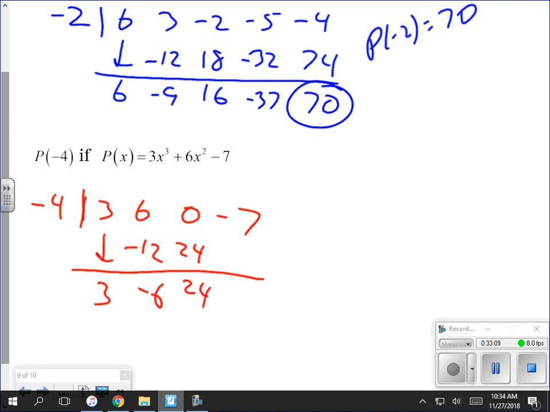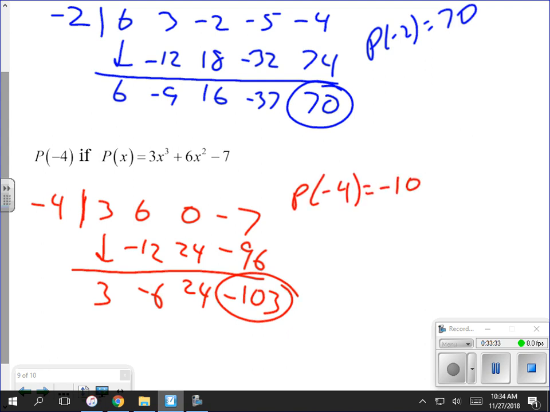Add, I get 24. -4 times 24 is -96. Right? Yeah, -96. Add them together, I get -103. So that means P of -4 is -103.